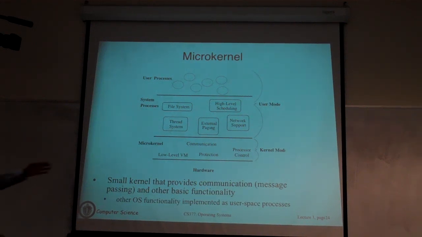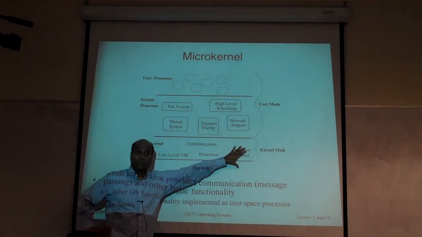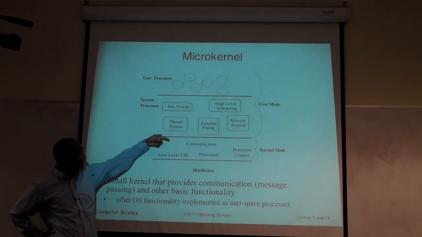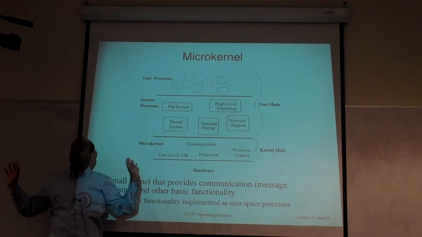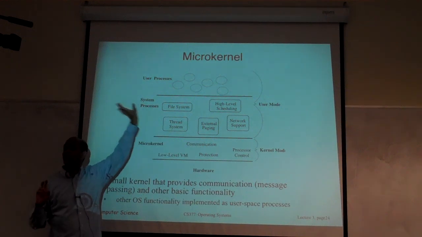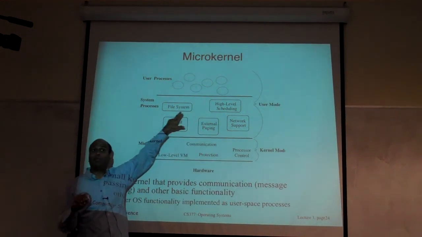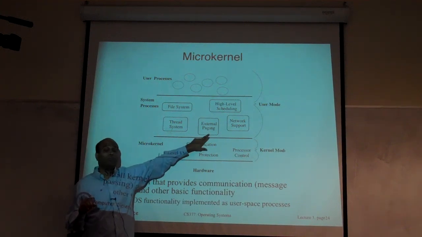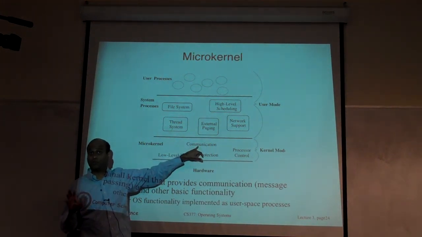So here is an example of a microkernel. This is the core kernel layer. What we are saying is take a lot of the functions that are inside the OS, throw them out. Make them independent processes, and if this component wants to talk to that component, it is just going to send a message through the microkernel. So inter-process communication is a key component of a microkernel.